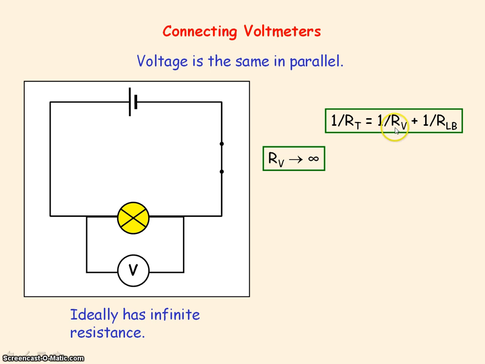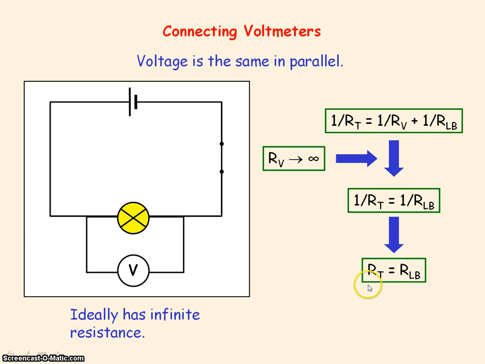If we substitute infinity for RV, 1 divided by infinity will tend towards 0. So 1 divided by RT will then equal 1 divided by the resistance of the light bulb. And that's just showing you that the total resistance in the circuit will then just equal the resistance of the light bulb.